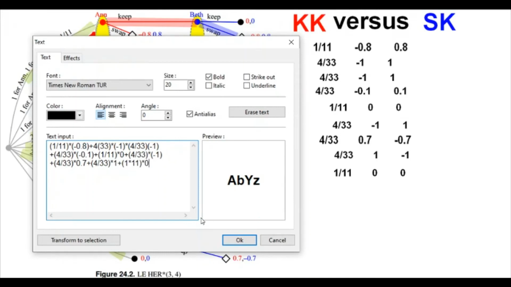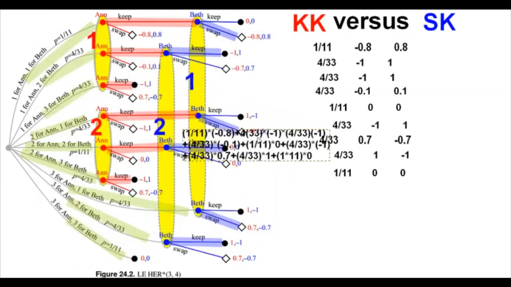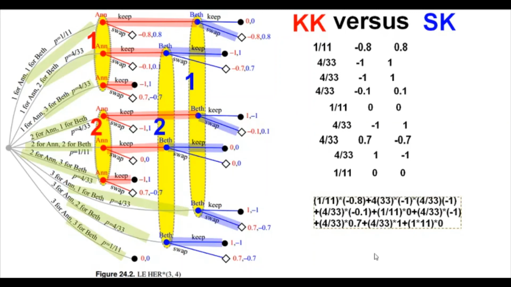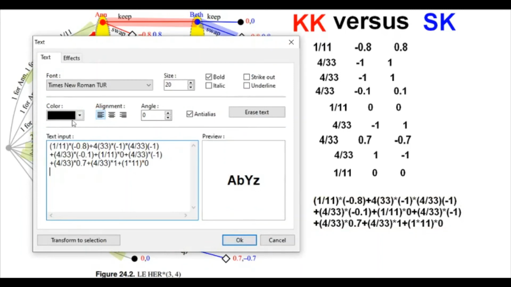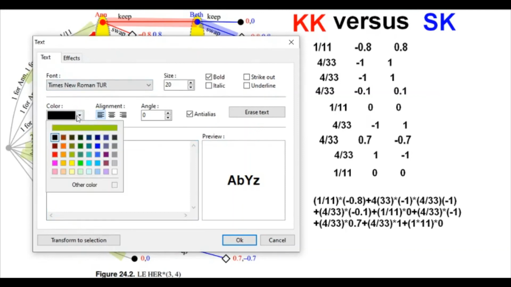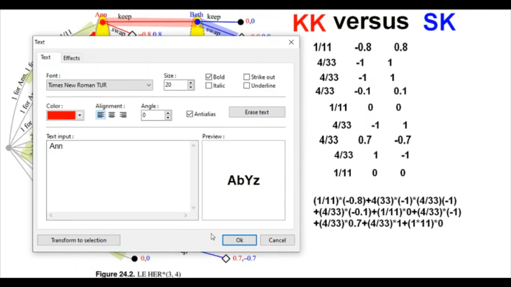So let me put this formula in. This is the expected payoff for Anne, looking rather complicated. This is what Anne will get. Anne is red, so maybe we color it red.